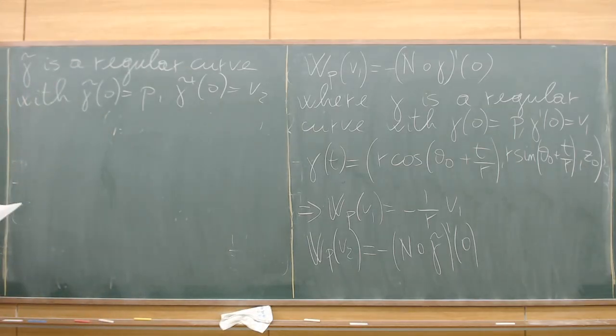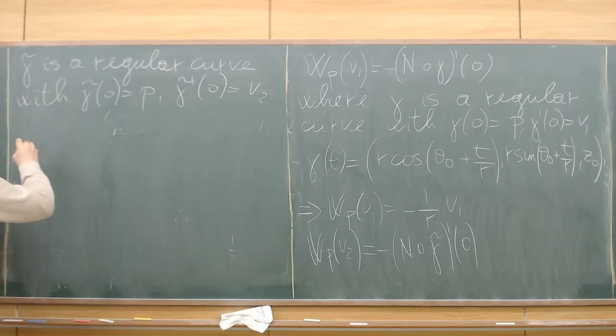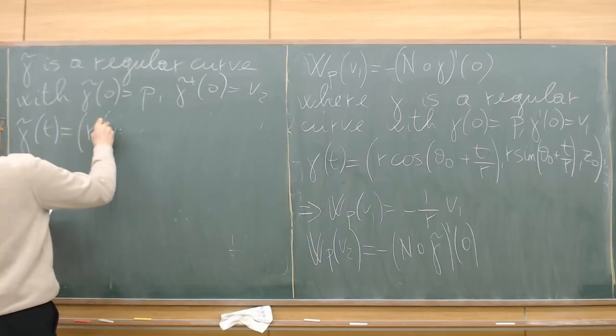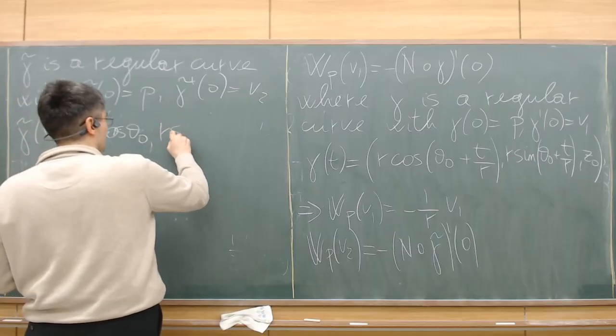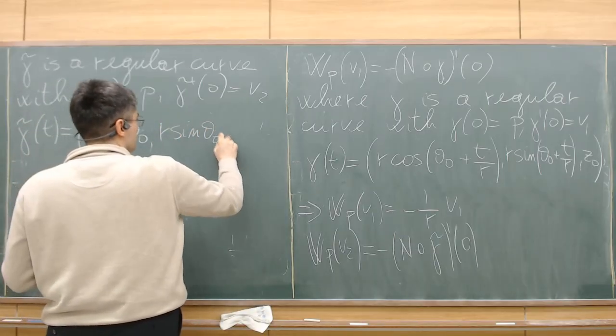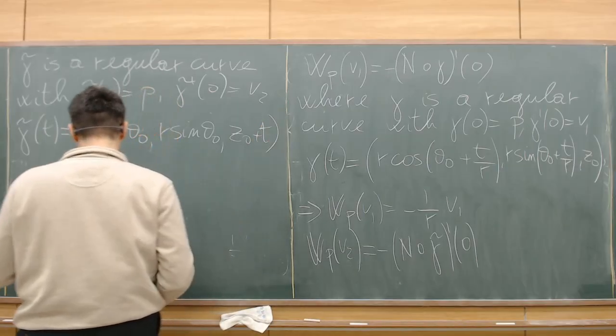In this case, we can choose gamma tilde(t) equal to (r cosine theta 0, r sine theta 0, z0 plus t).